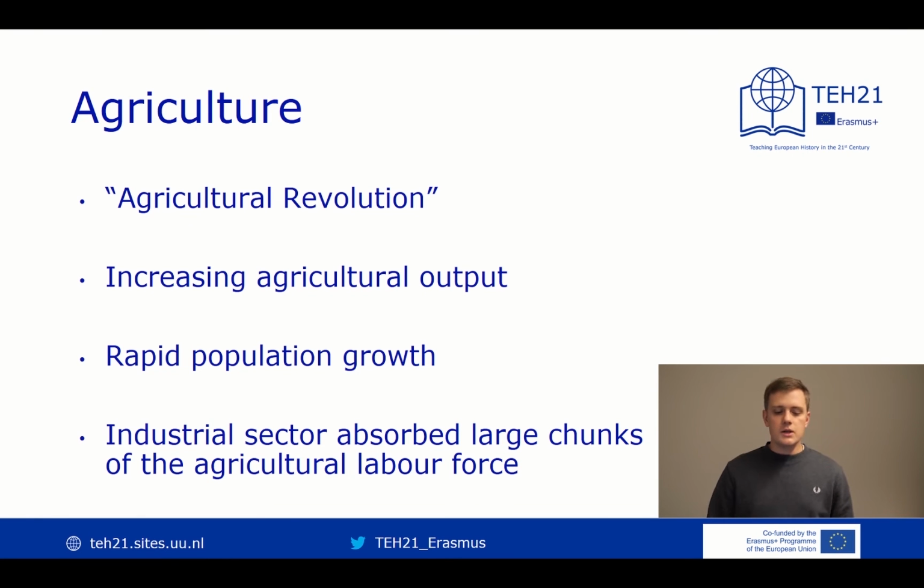Because of these changes, the relative share of the total labor force working in the agricultural sector significantly decreased in 19th century Europe. The rapidly expanding industrial and service sectors absorbed large chunks of the agricultural labor force, and this decline in agricultural employment was made possible by the aforementioned increases in agricultural productivity.